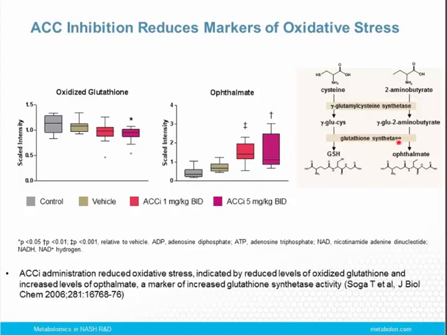So that suggests that your capacity to make more glutathione, which improves redox status, is increased with acetyl-CoA carboxylase inhibition. So overall, it seems like when you're inhibiting acetyl-CoA carboxylase, you're able to completely revert the lipidome back to what it was before the diet, while improving mitochondrial function and reducing redox stress.